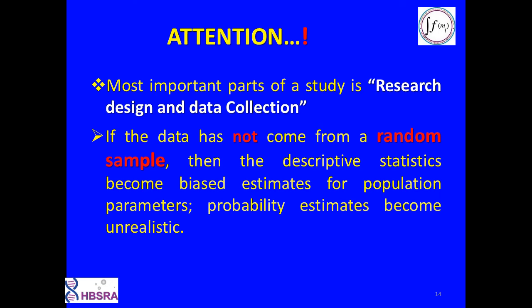So for example, you calculate the sample mean as an estimate for the population mean. Then if your sample is not representative of the population, your sample mean is biased. It is a biased estimate for the population mean. So then all the other analysis and outcomes will be biased and mostly useless.